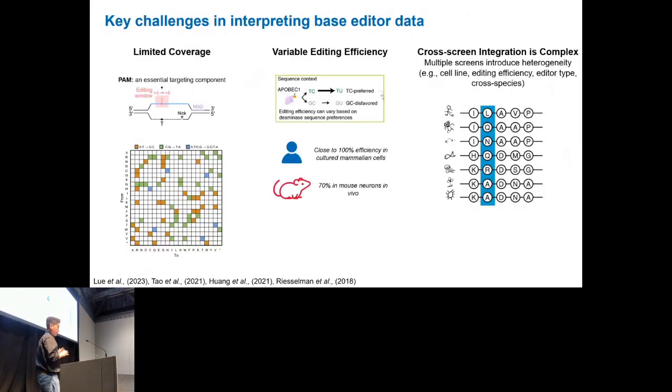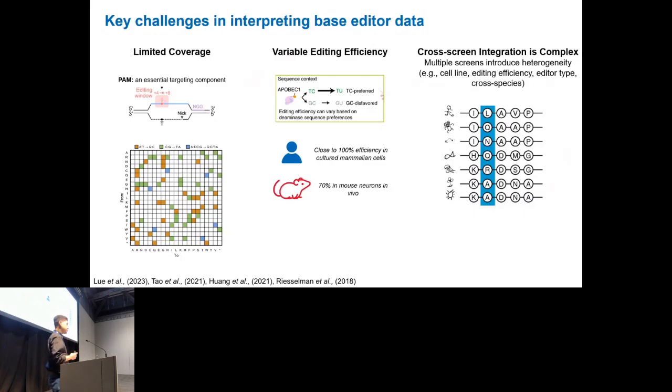There are definitely challenges and limitations of base editor screening. The first one is coverage of these editors. Here, the PAM is the protospacer adjacent motif, where the base editor can recognize and bind to the target DNA.